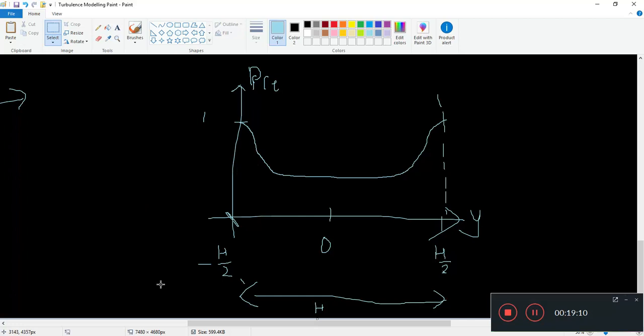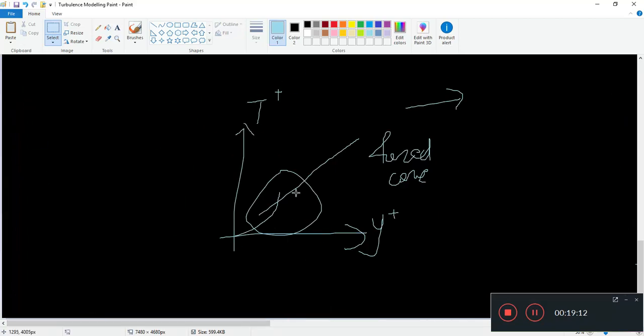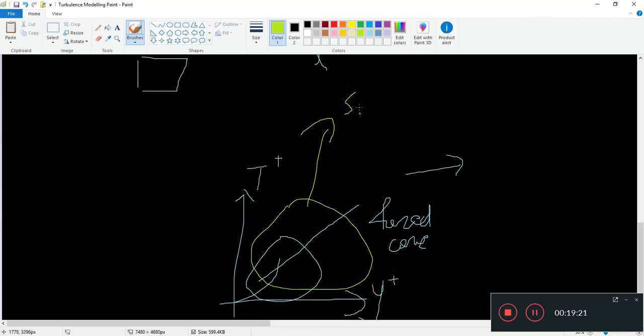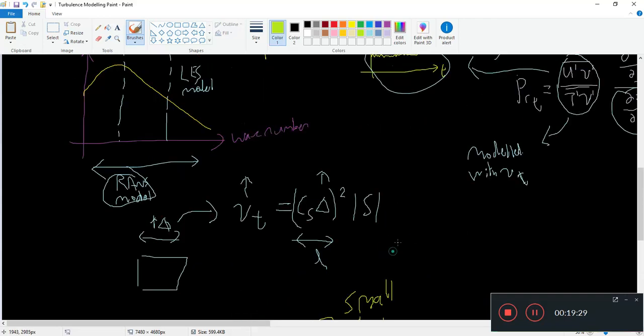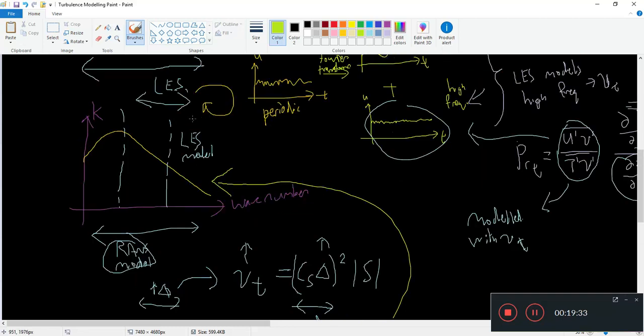Near the wall, in this law layer region, the majority of the turbulence here is small turbulence. And the majority of the small turbulence will fall into this region, where near the wall there is not a lot of low frequency or large turbulence.